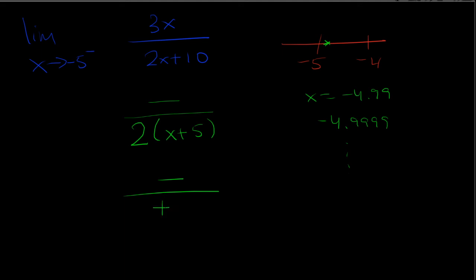So that will just be a positive number. And now when I do x plus 5, as x gets closer and closer to negative 5, it's going to get really, really small. So the difference there is going to get really, really small. So a negative divided by a positive is a negative, and a number divided by a very, very small number will approach infinity. So my limit here goes to negative infinity.